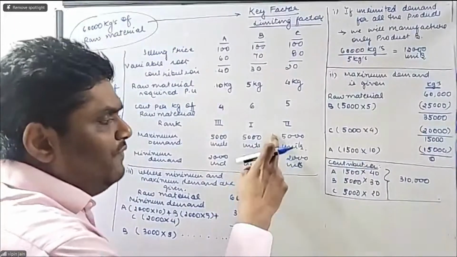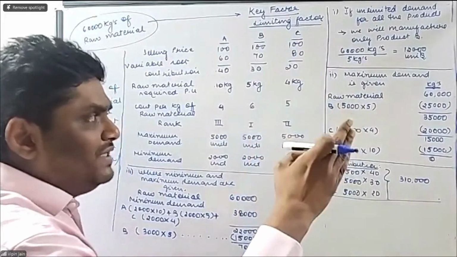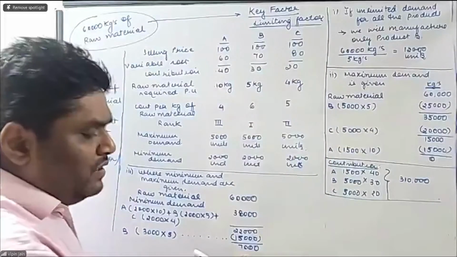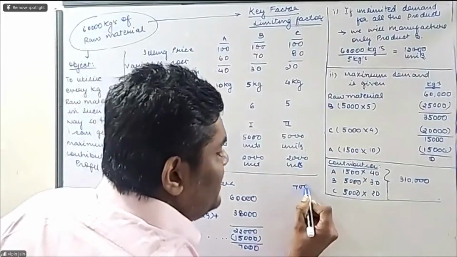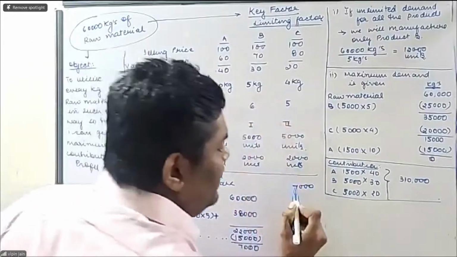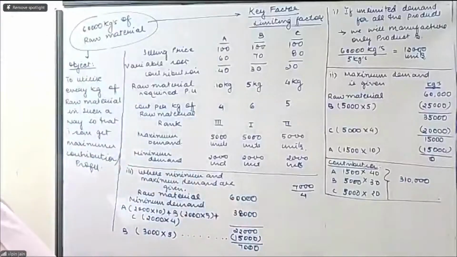Now see, herein also we can manufacture 3,000, but 3,000 into 4, 12,000 we need. We don't have 12,000, we have only 7,000 kgs. So 7,000 kgs we have, and every unit requires 4 kgs. So 7,000 divided by 4.